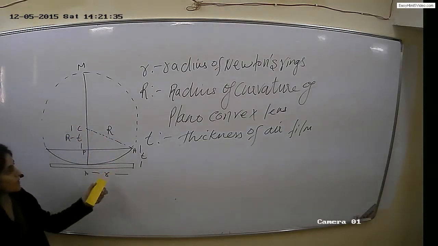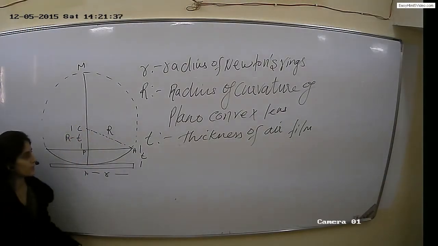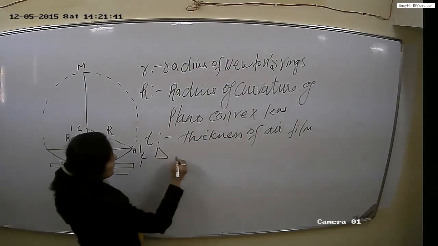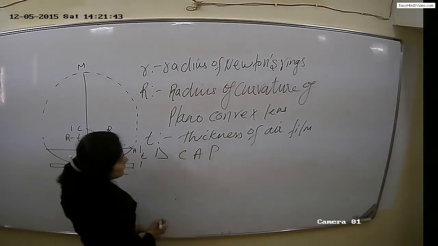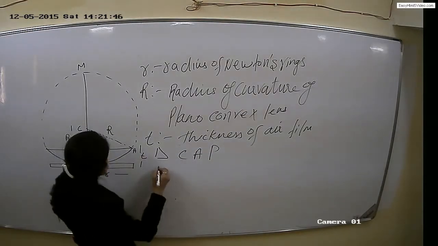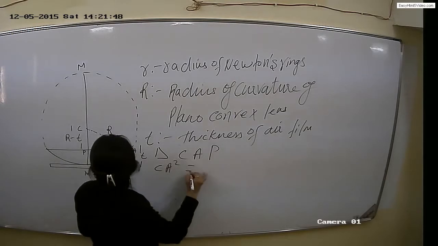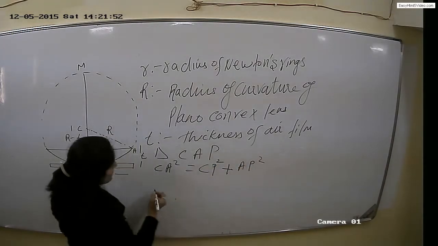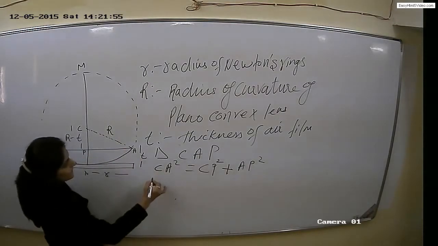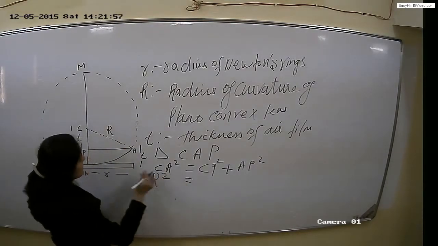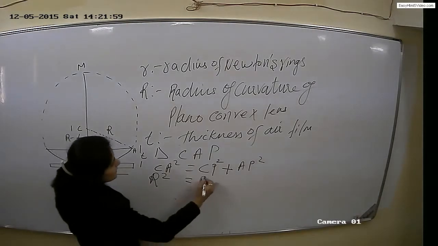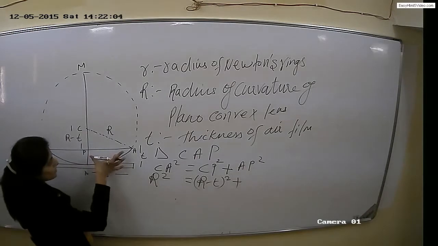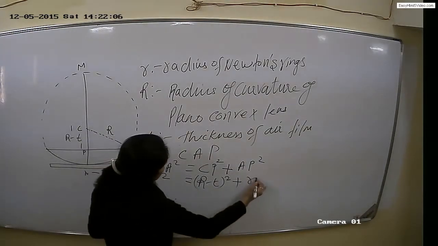So we have to calculate the diameter of the bright and dark rings from triangle CAP. From Pythagoras theorem, CA square is equal to CP square plus AP square. CA square is R square, CP square is R minus t whole square, plus AP square is small r square.